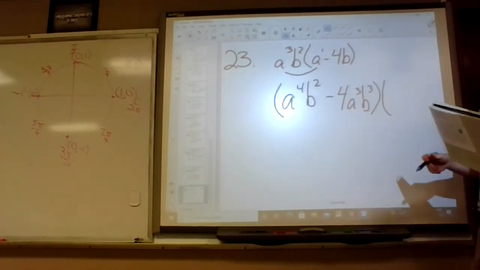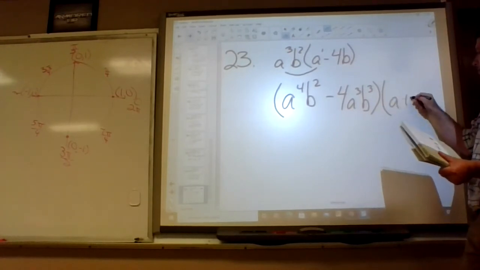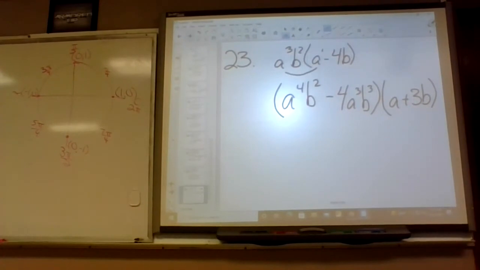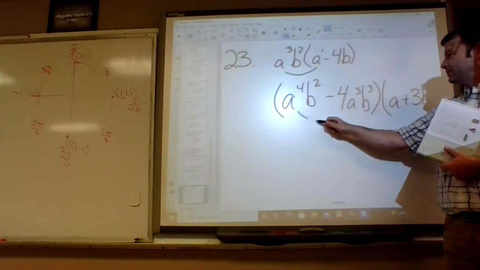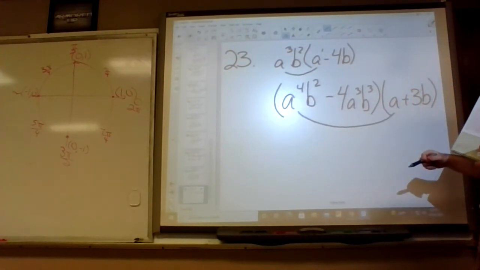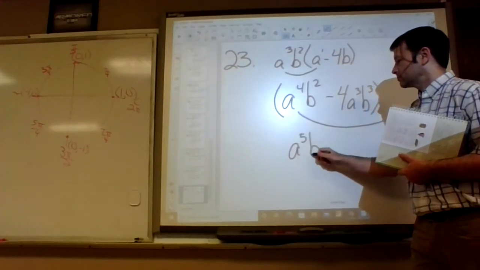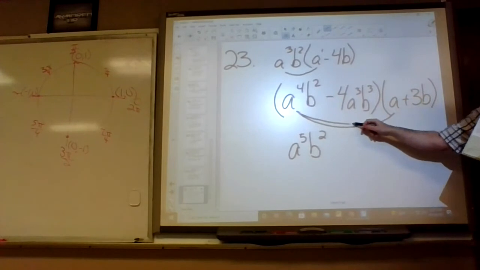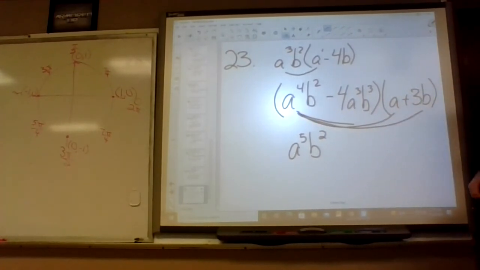We need to do that times A plus 3B. Well, it's just FOIL. So, what would the first be, Jordan? A to the fifth B squared. Minus 4A to the fourth... well, the order doesn't really matter, but what would the outside be?